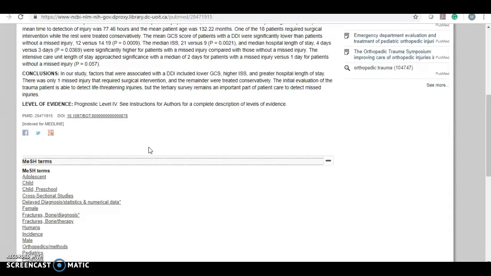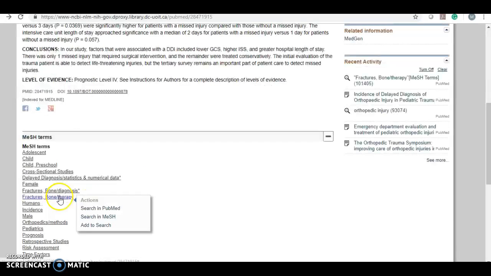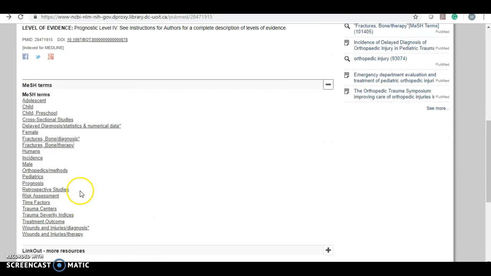Those are words the database prefers over the ones that we put into its search, and it will give more accurate information in the end if we use that. So I know orthopedics, from my limited knowledge of medical terms, has to do with fractures in bone, so we're going to add that to the search. We'll come back to that later.